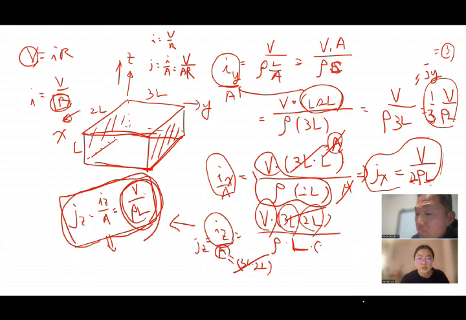So the current density is basically proportional to the current, and the current is proportional to the electric field. So no matter what, the current ranking is proportional to the electric field ranking, and the electric field ranking is going to be the same for the current density ranking as well.